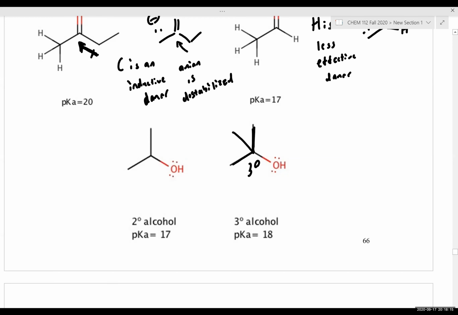So looking at our tertiary versus a secondary alcohol, the tertiary alcohol, we have more carbon substituents, so we have a greater amount of donation of electron density. And because our molecule overall is more electron rich, generating an anion is less favorable. So that's another explanation outside of the solvation argument. Does that make sense?